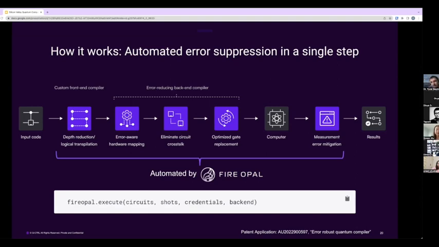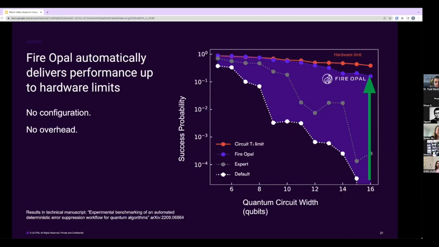We see in practice that this continuously delivers the best results that help to improve hardware to near its performance limitations. So there are certain boundaries that as software we cannot modify and we cannot change, but these are known as kind of the T1 or T2 limits of the machine.